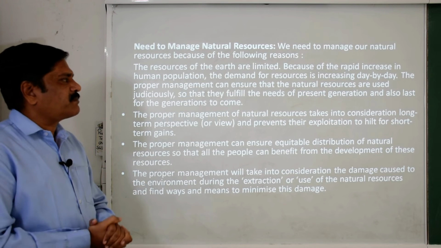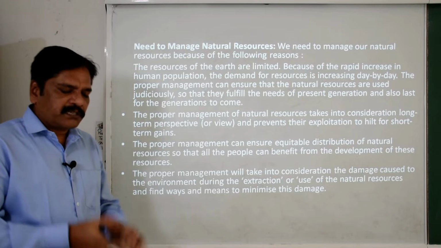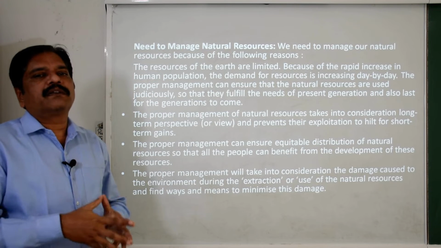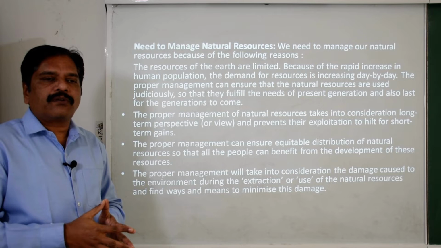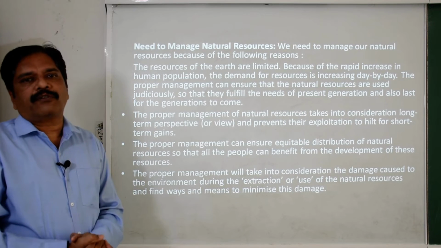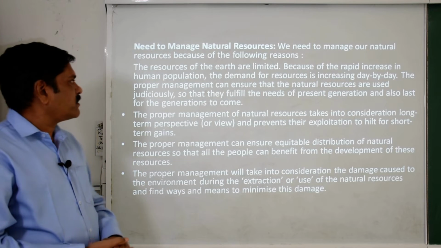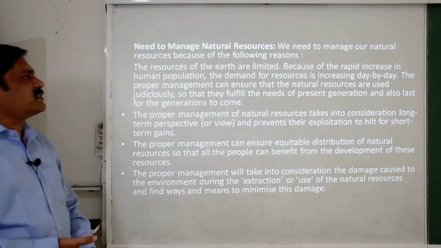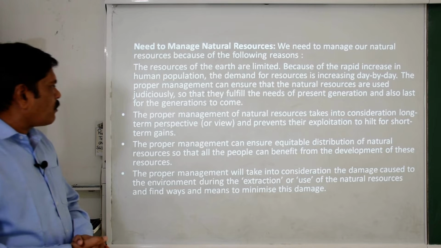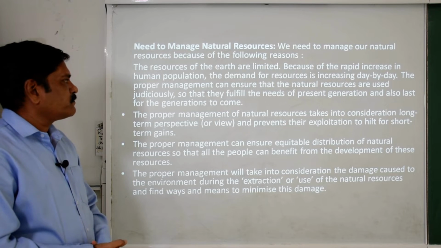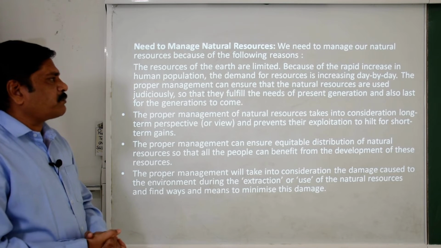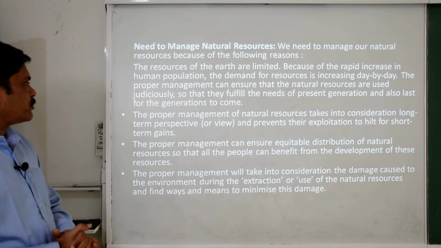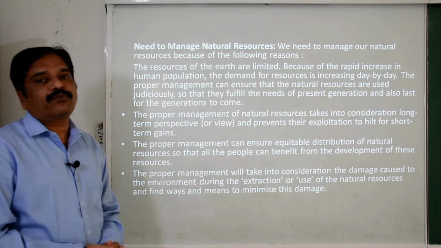We need sustainable management, in which we keep the present use with an eye on the future requirement. The proper management of the natural resources takes into consideration the long term perspective and prevents their exploitation for short term gains. This is the most important fact.